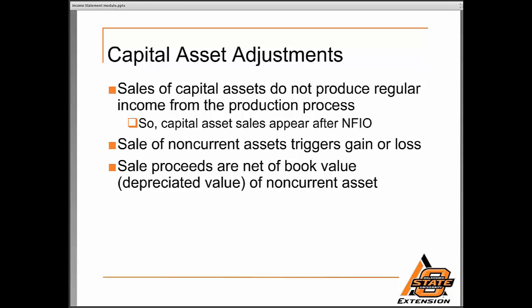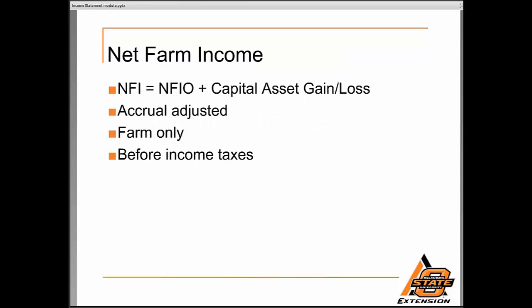Remember that only the sale proceeds, not the purchase of the capital asset, is included here. Net farm income is determined by adding the capital asset gain or loss to net farm income from operations. This value is a farm-only, accrual-adjusted income measure before income taxes.